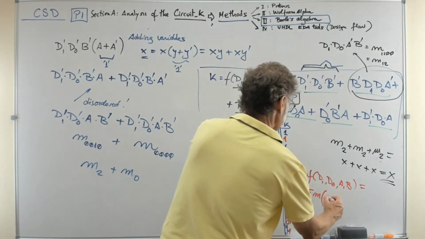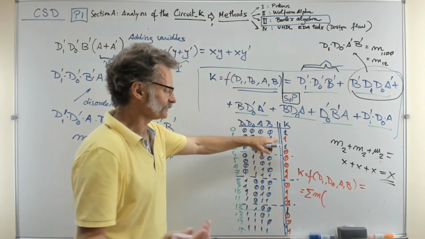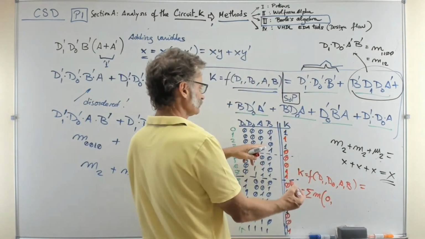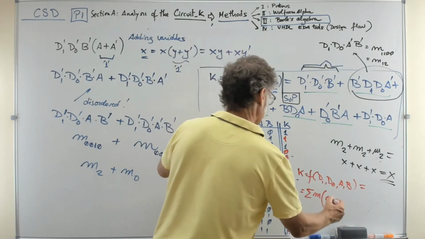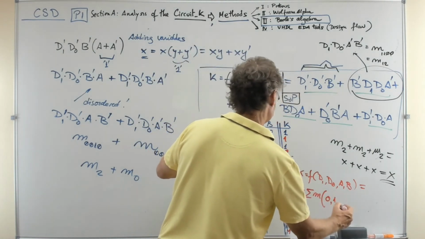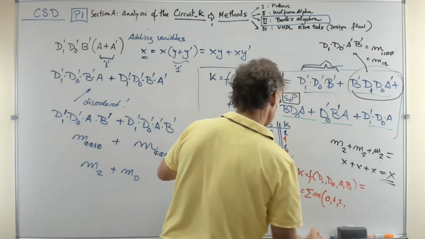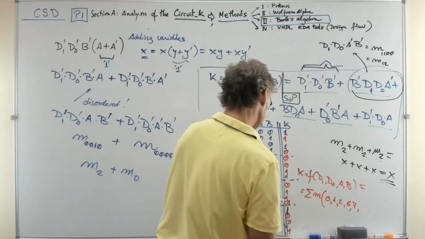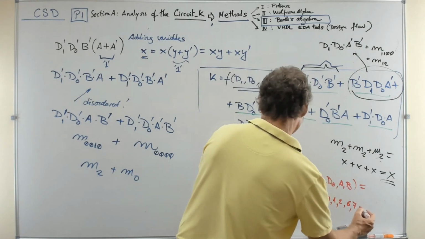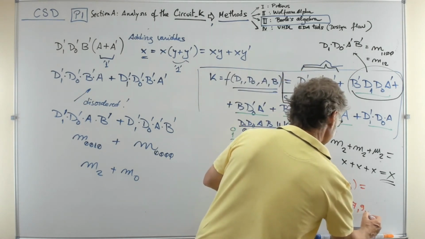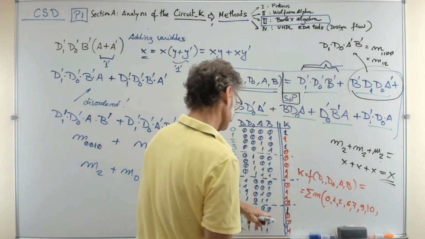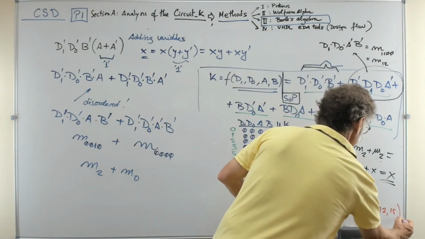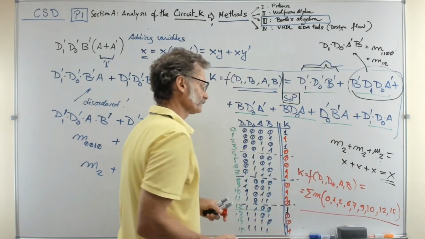Now you can add them all into this series, the minterms as simply decimal indexes: 0, 1, 2, 6, 7, 9 and 10, okay, 12 and 15. That's it. That's the solution of the 2 table.